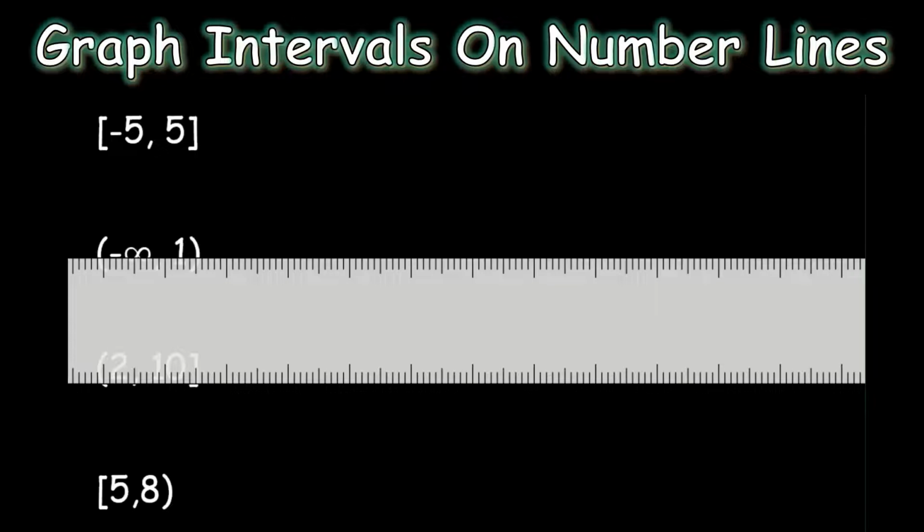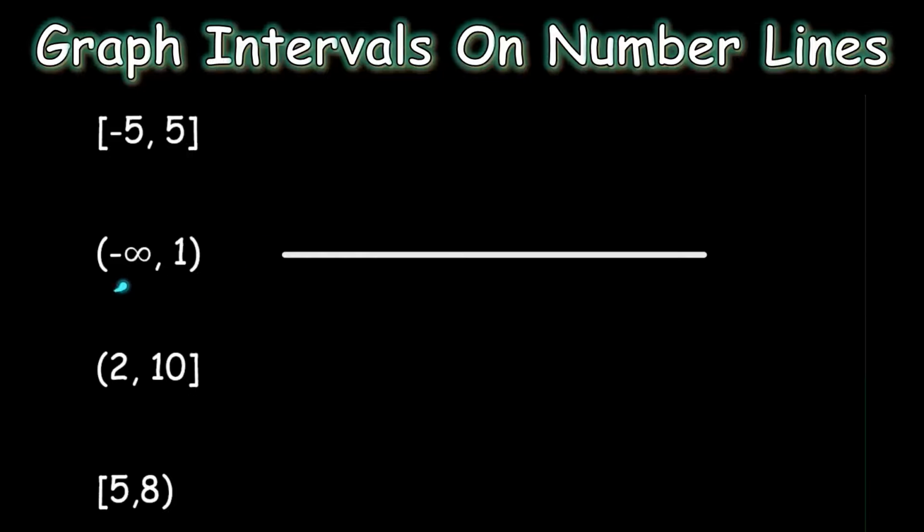Let's now go ahead and draw our number line for our second example. So we have our points here to put on our number line, which is going to be -infinity and 1. And we know that they're going to be in parentheses, so that means it's going to be an open interval.